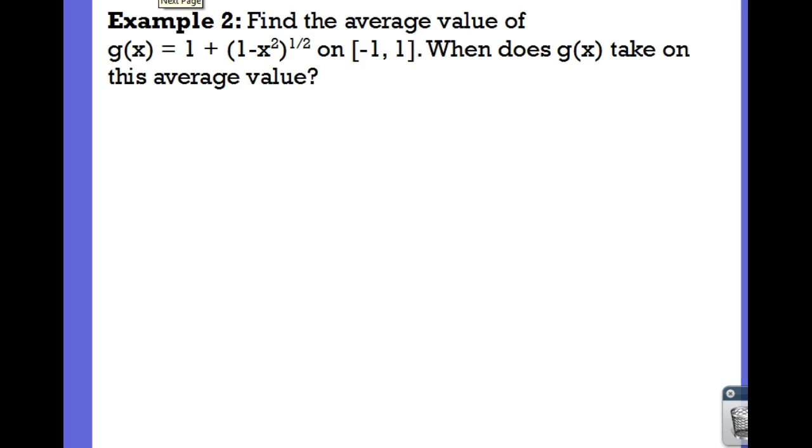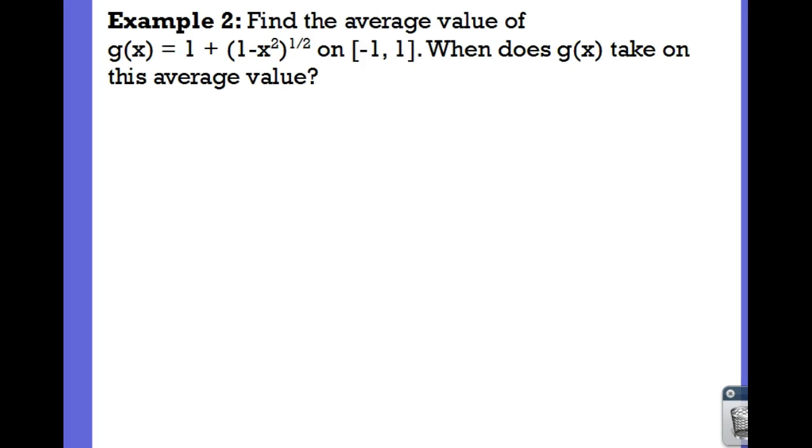So what do you know about a square root? What type of shape is 1 minus x squared going to take on? A circle. And then the 1 is shifting it up 1 unit. Right. So find the value of g of x equals 1 plus the square root of 1 minus x squared on negative 1 to 1.